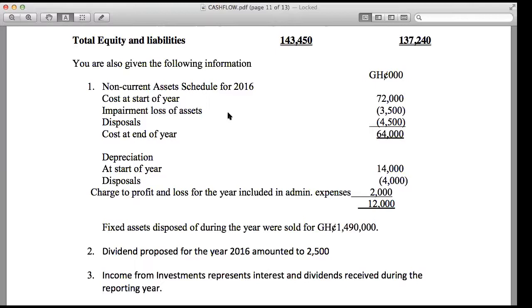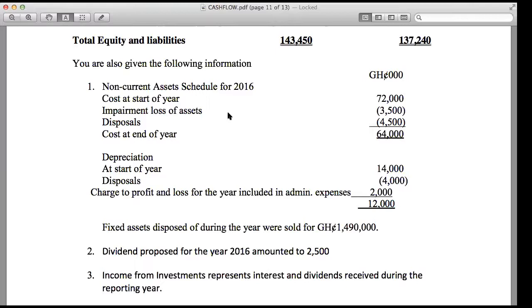So that is it. Now, charge to profit and loss included in admin expenses. That's the depreciation charge for the year. Depreciation charge for the year is 2,000. So if you're looking for depreciation charge, that's the charge to profit and loss included in admin expenses. Given a closing balance of 12,000.